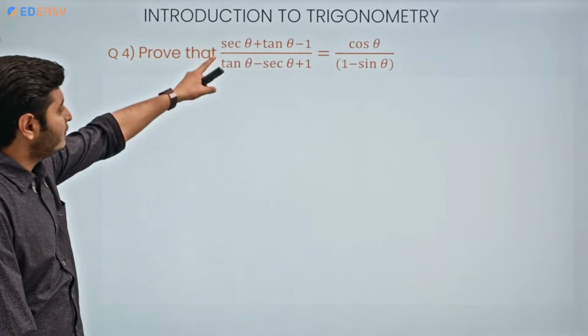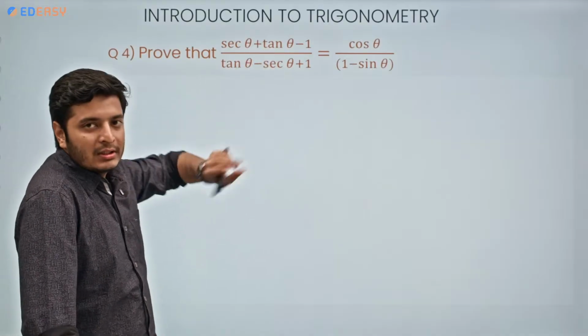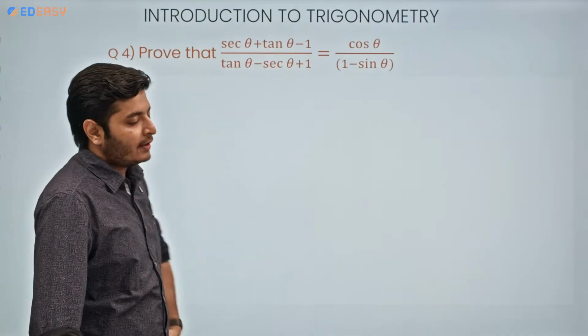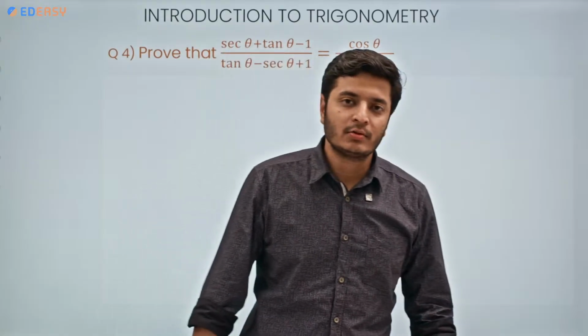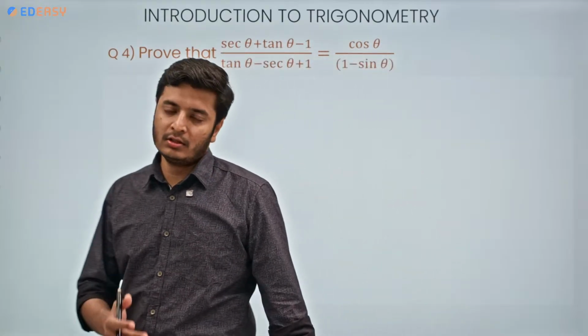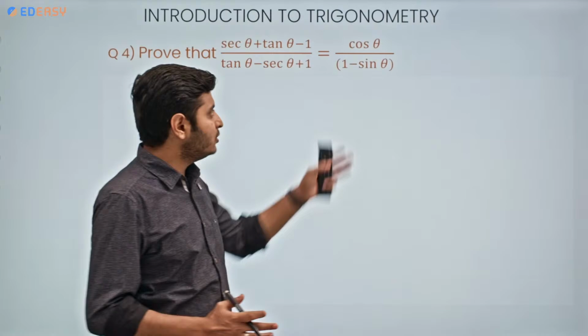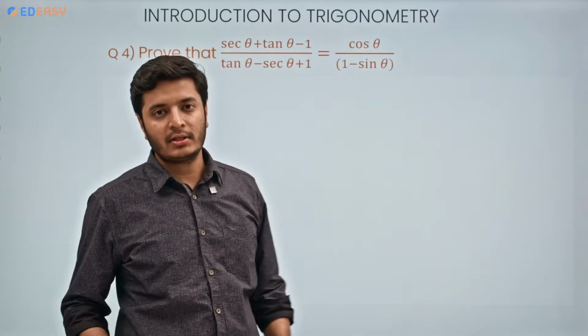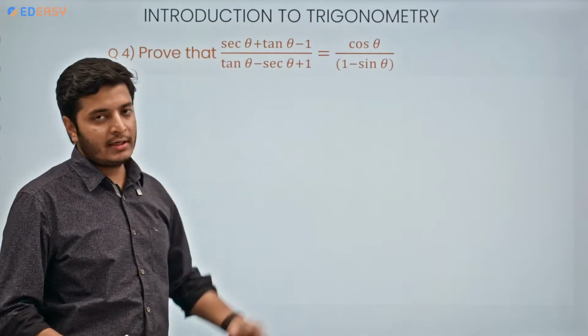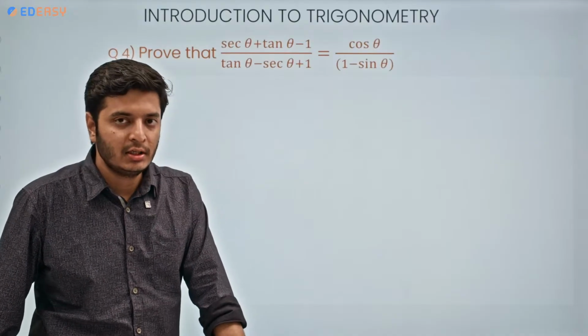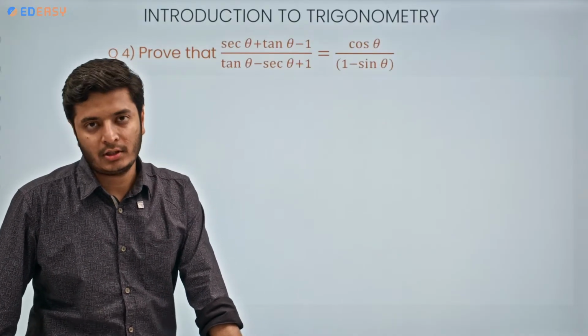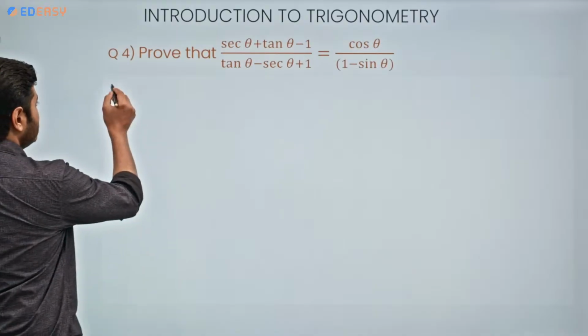If I directly convert them in terms of sine cos, that will not solve my purpose. Although I need to convert them at some stage, correct? Because I need cos and sine only. But initially, we need to apply a different logic. What? First, LHS.